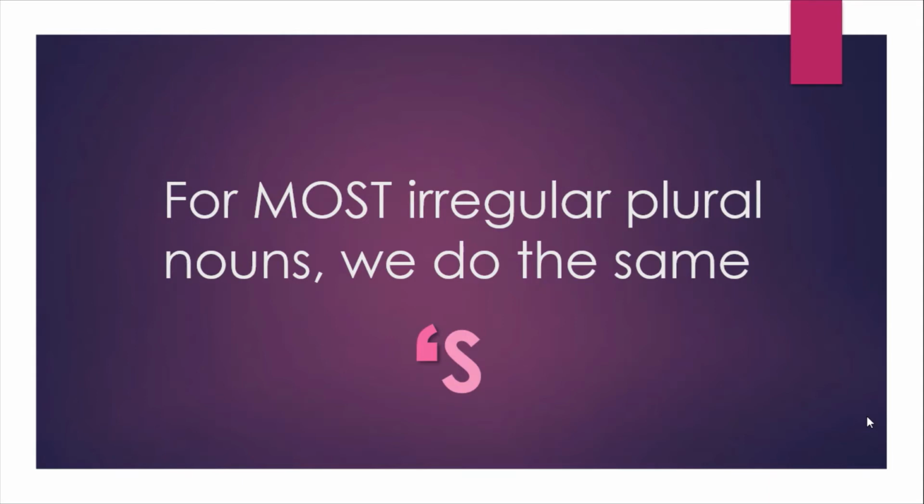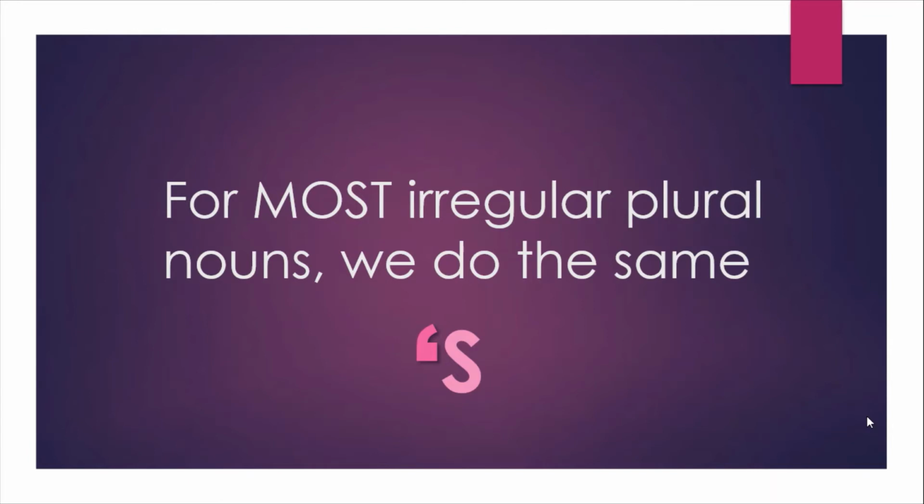The reason is because most of them do not end with an S. Now, if the noun ends with an S, the rule is different. And we are going to see that in just a few moments. So remember, this is for the plural nouns that do not end with an S.